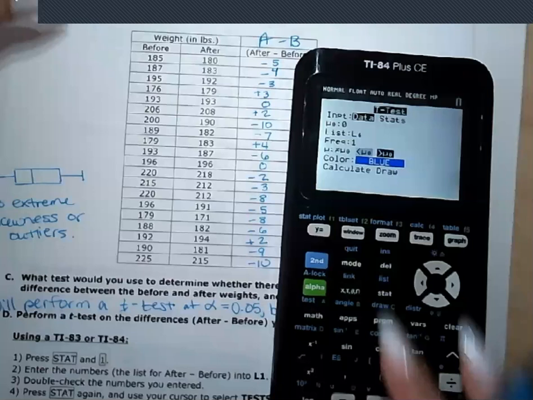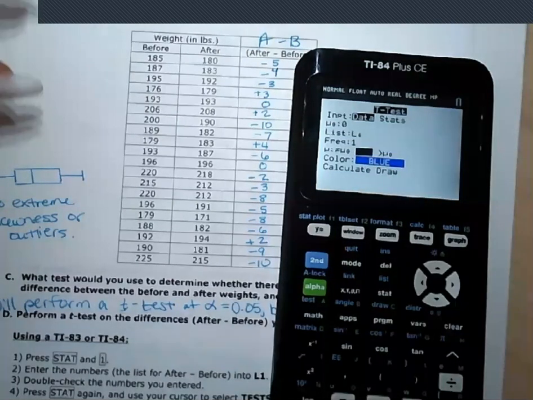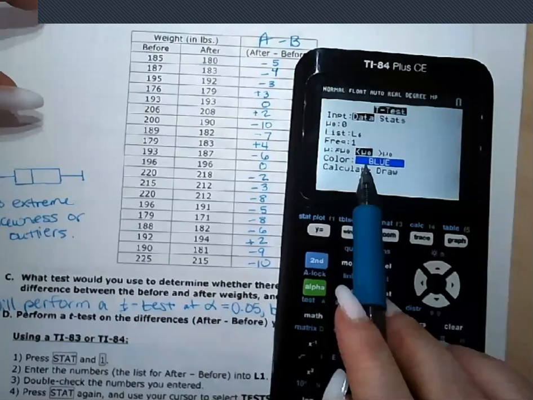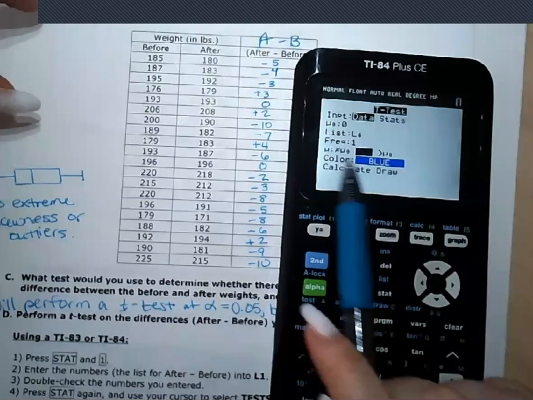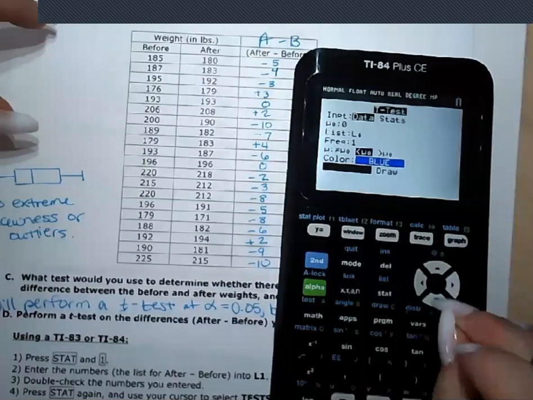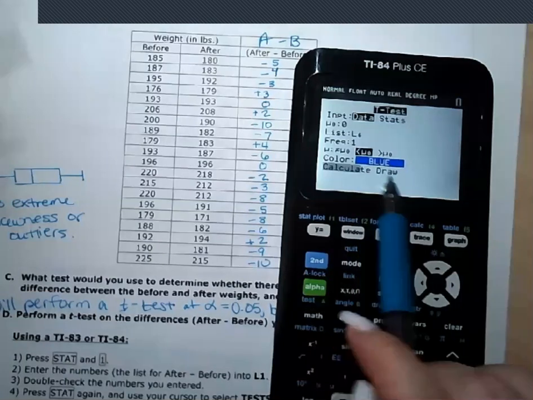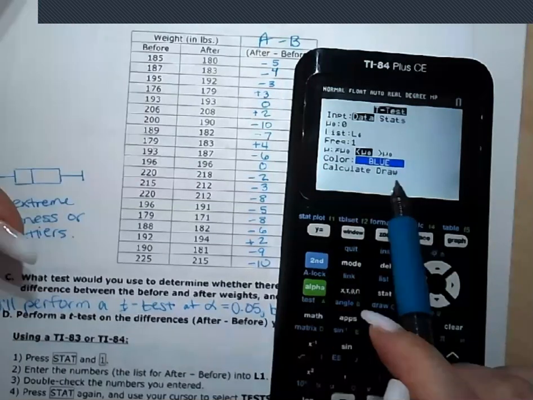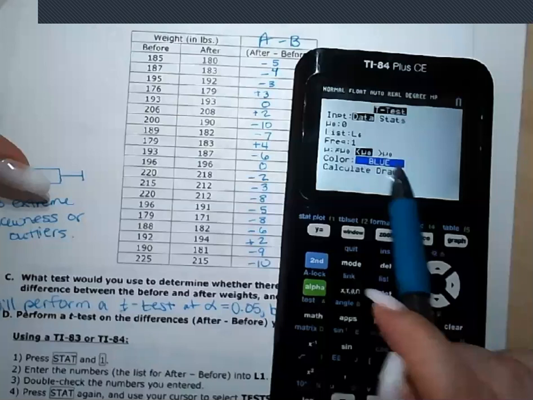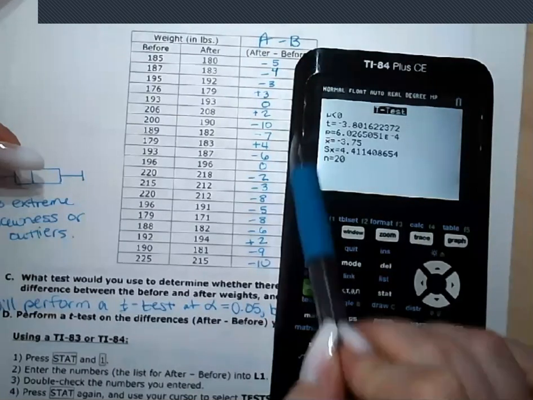Yeah, we wanted negative numbers, so this is a less than situation. Less than 0. And then I can calculate or draw. Draw gives you a nice graph, but it doesn't give you quite as many numbers. So depending on what you want, you can look at both. I'm going to hit calculate, and it gives me all the information that I have here.